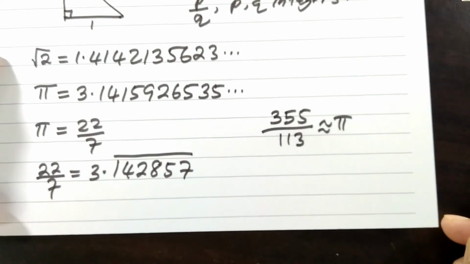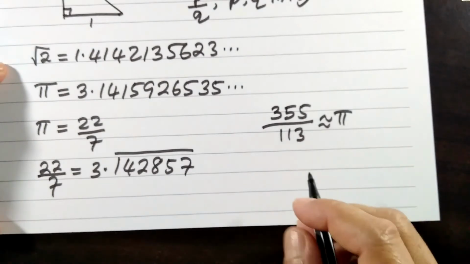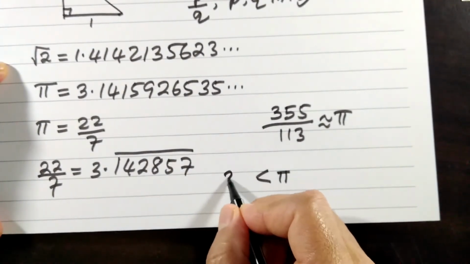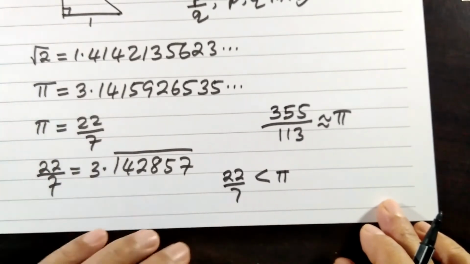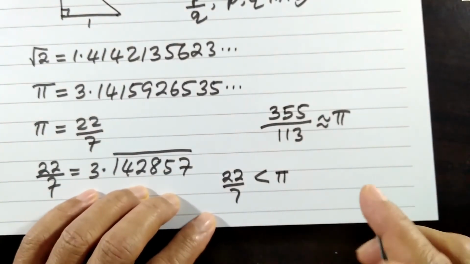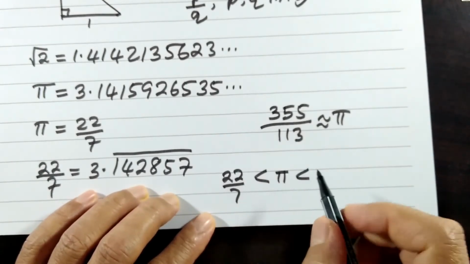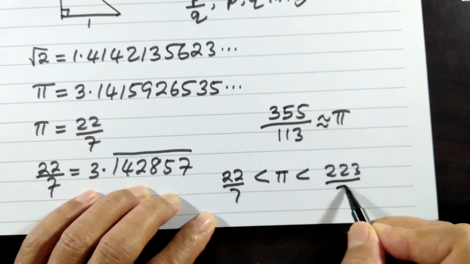Archimedes, still remember Archimedes? One of the great mathematicians, who lived around 250 BC. He says pi is in between 22 over 7 and 223 over 71. This is the approximation of pi given by Archimedes: greater than 22 over 7 and less than 223 over 71.